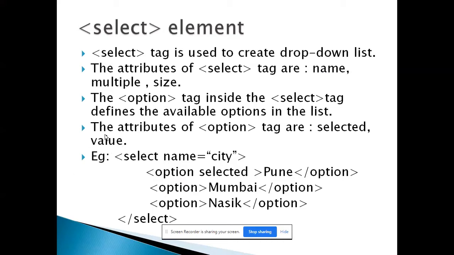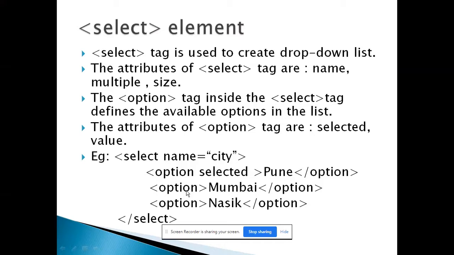Okay, here is one example. First, select name equal to city, option selected Pune, and close option. Whichever option you want to be included in the list has to be between option and closing option, like this.